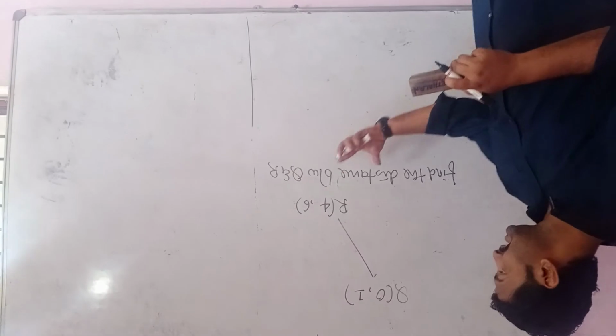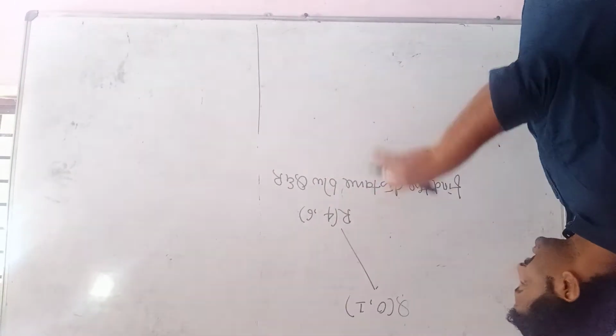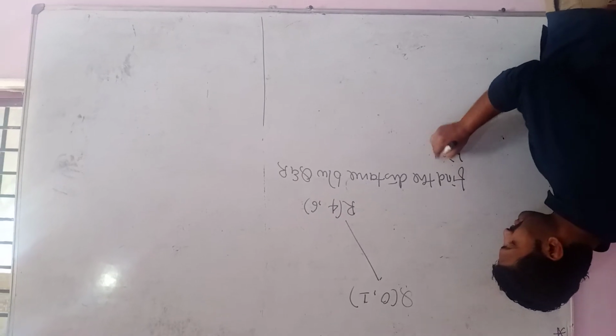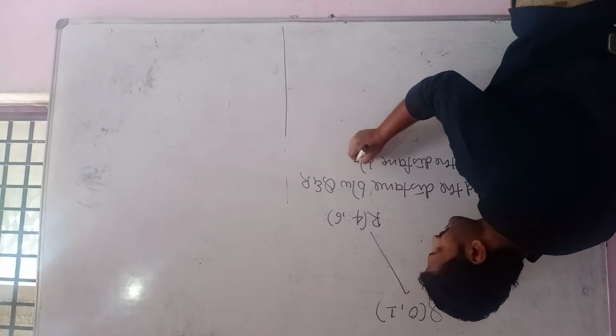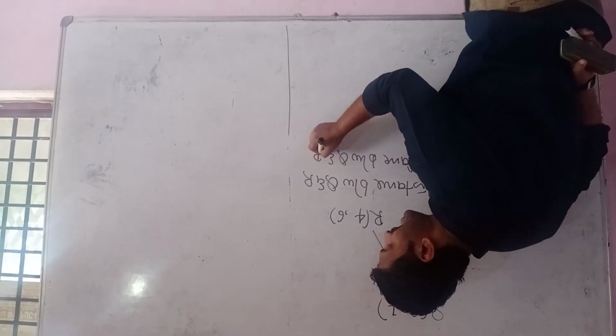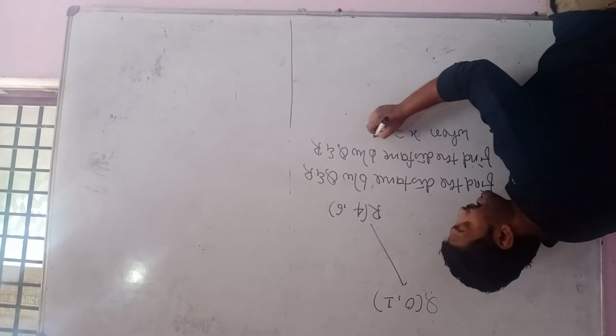And after finding the distance of QR when x equals 4, again you find the distance between Q and R when x equals minus 4.